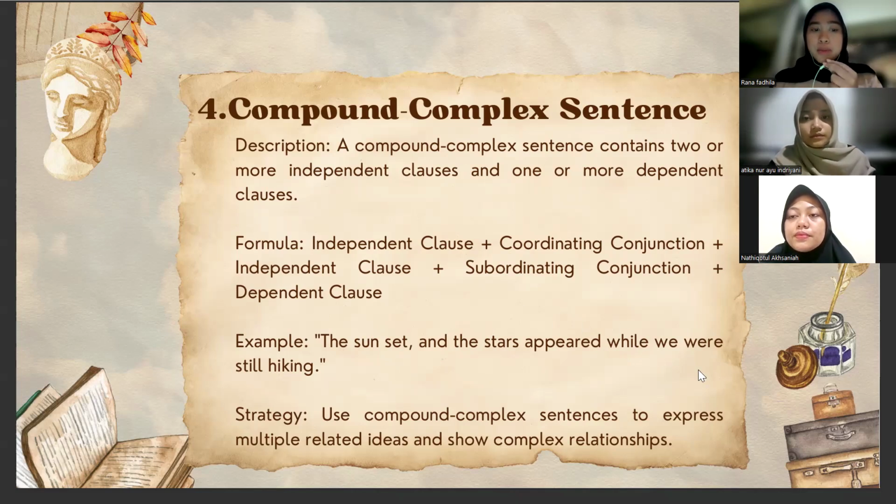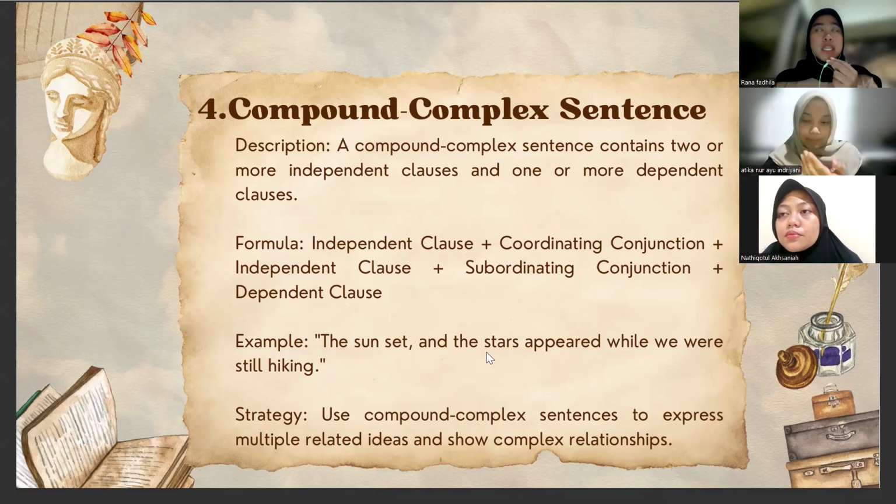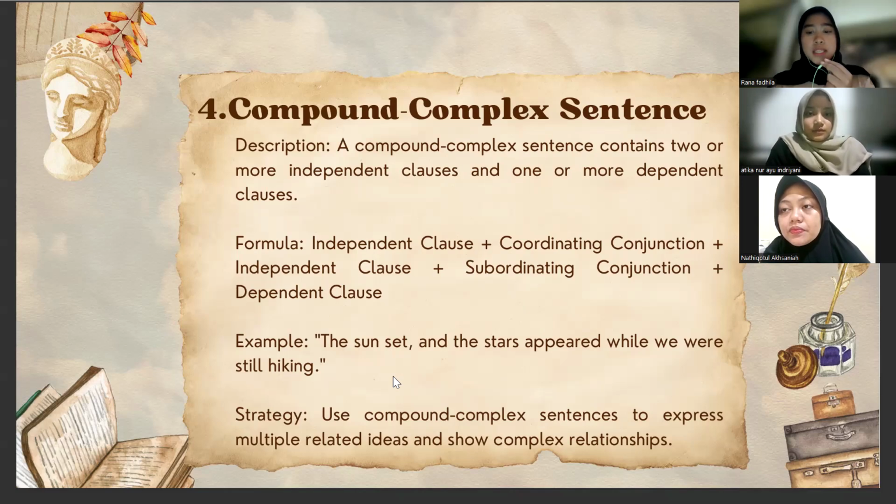It cannot stand alone. So independent clauses are meaningful, and dependent clauses are not meaningful by themselves. The strategy is to use compound-complex sentences to express multiple related ideas in a complex relationship.